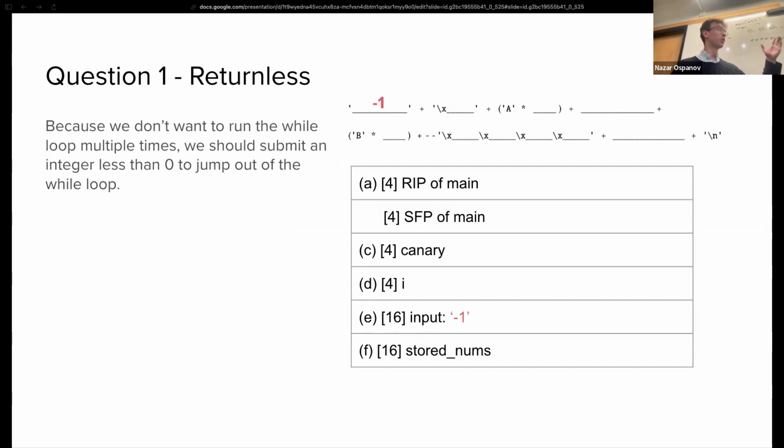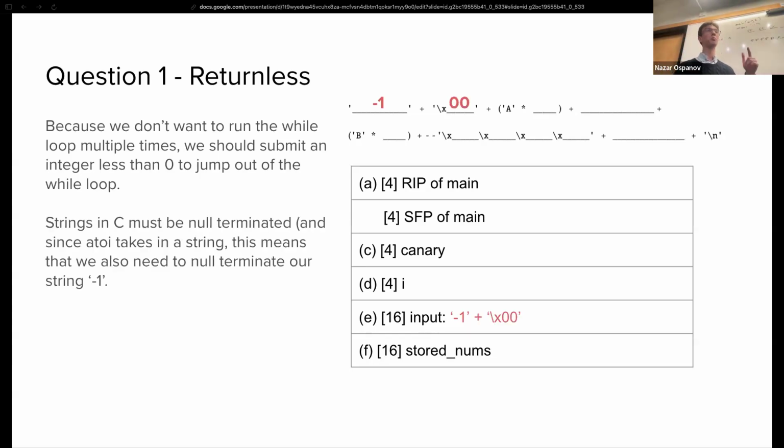We want the while loop to exit out. The while loop checks while i is greater or equal to 0, which is why -1 comes into play. But we also want this to be a string, so we have to put the null byte terminator. Now atoi is going to take the input, take the -1, convert it to an integer and assign it to i. That's how we break out of the loop.